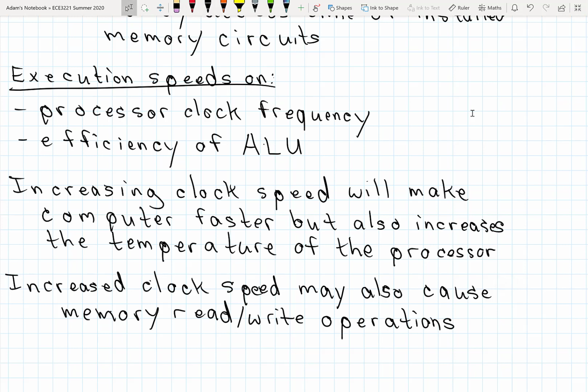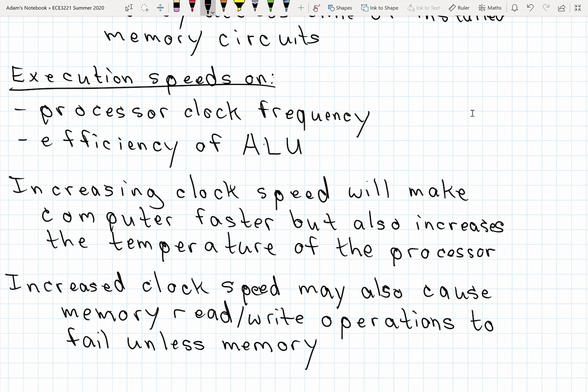So if we try to pull the data over the data bus before it's ready from the memory, we may get invalid data. And if we try to write to the memory too quickly, it might not be written accurately.